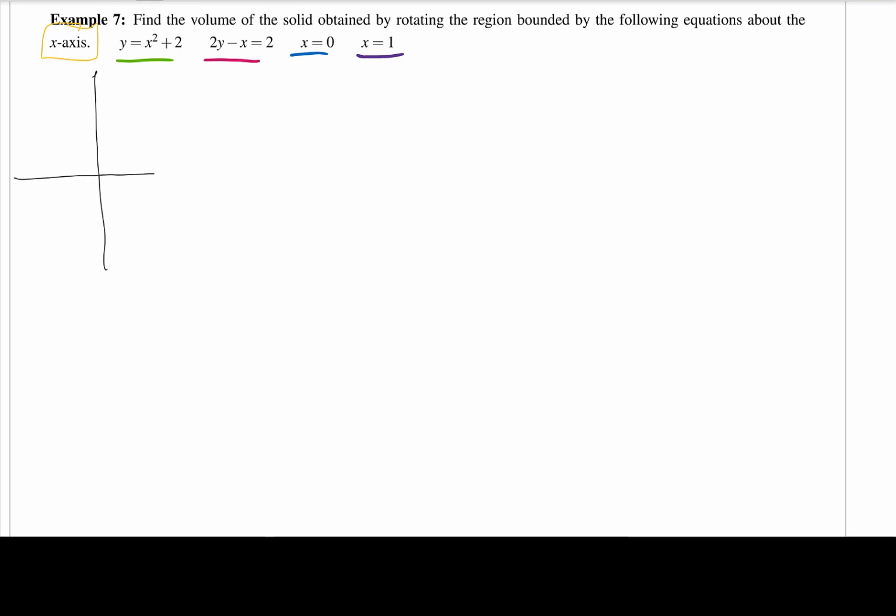What I'm going to do is rewrite this plum equation so that I have something that looks like y equals mx plus b, because something like that, I know what it looks like right away. So I'm going to rewrite this as y equals 1/2 x plus 1.